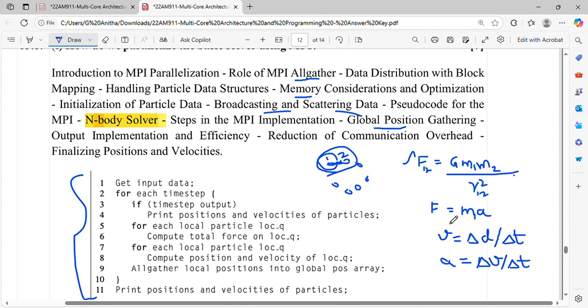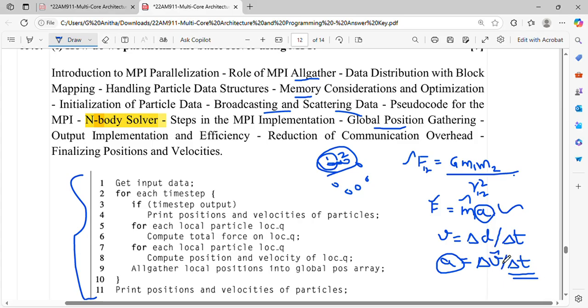Then, when we know the force for a particular atom and the mass of that atom, we can find the acceleration. When we know the acceleration, we can calculate the velocity using this known acceleration and the known time period over which we need to calculate the velocity.